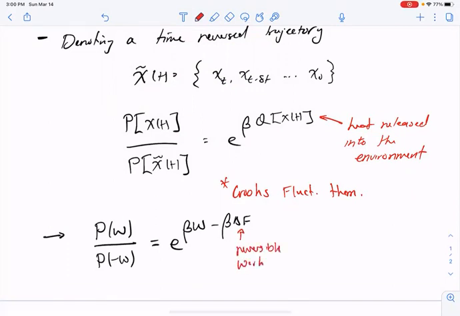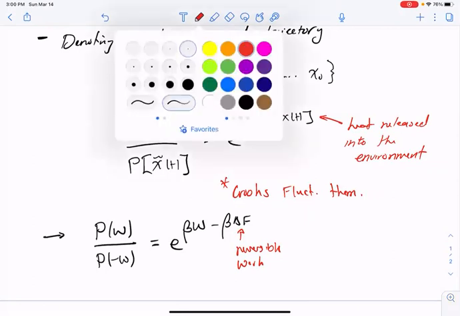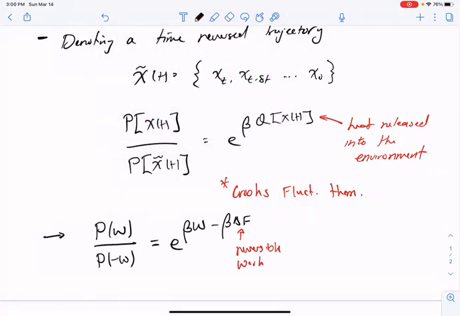Then the reversible work is nothing but the free energy difference. If you think back to the simulation I showed at the end of last class, as I pull a polymer, as I extend it, I increase its energy.